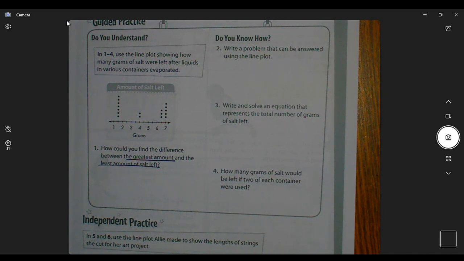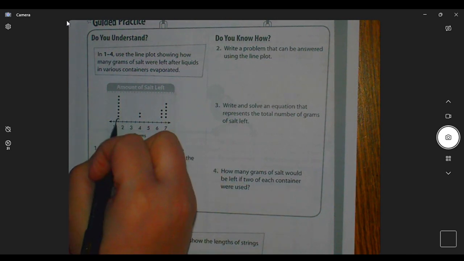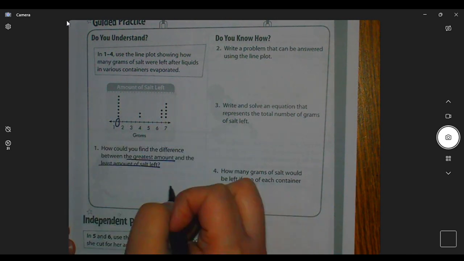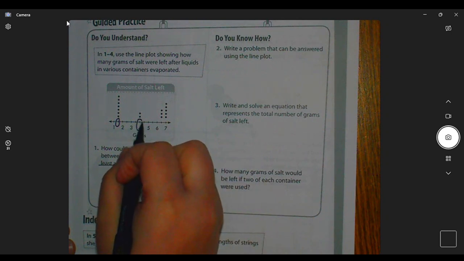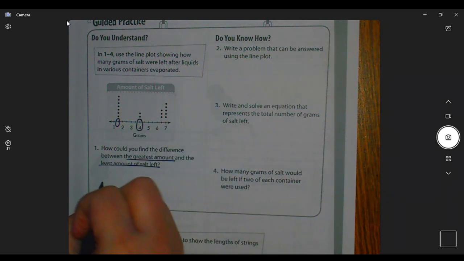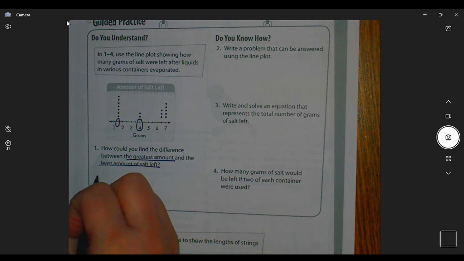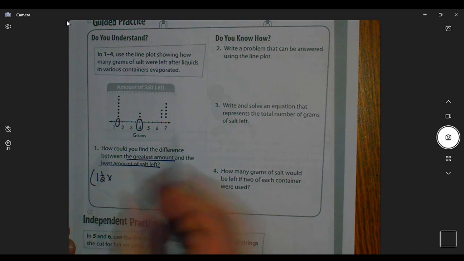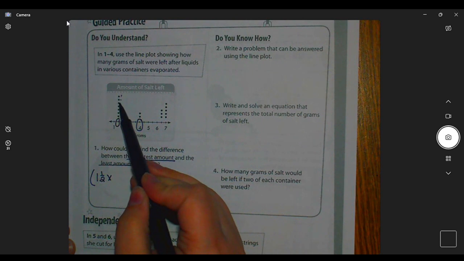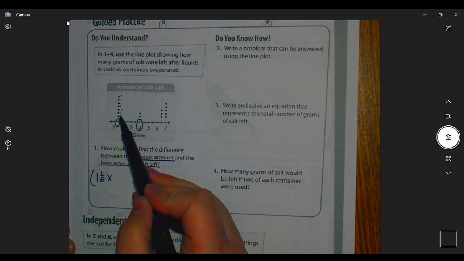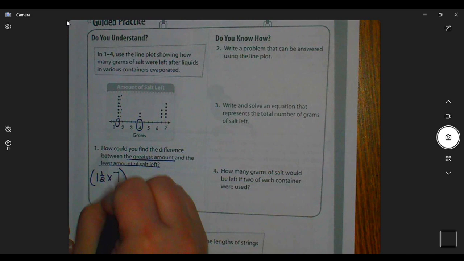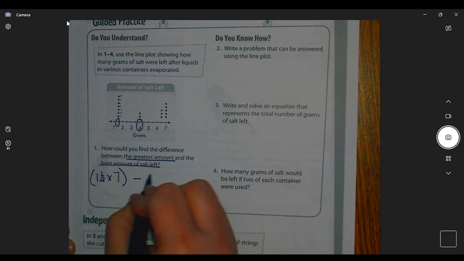So the numbers that I'm looking at are 1 and 1/2 and the least amount of salt, so that would be 4. So the problem I'm going to say is, I'm going to use my groupers, 1 and 1/2 times 7 minus 4 times 2.